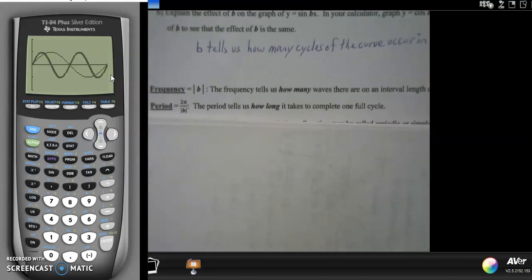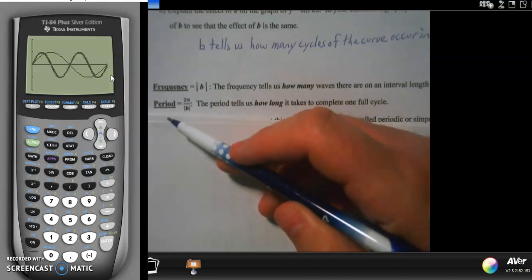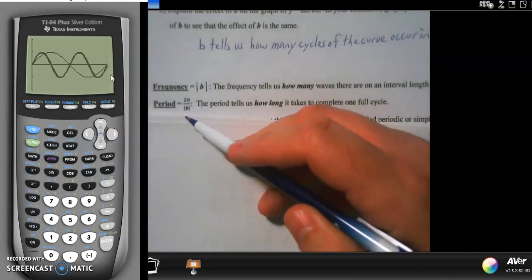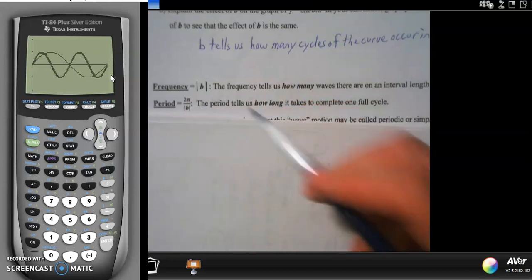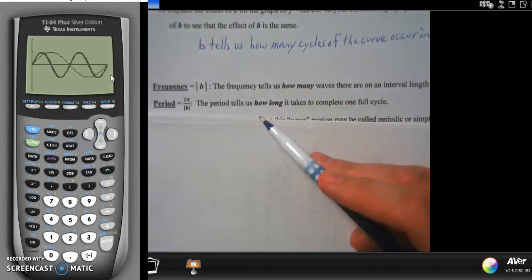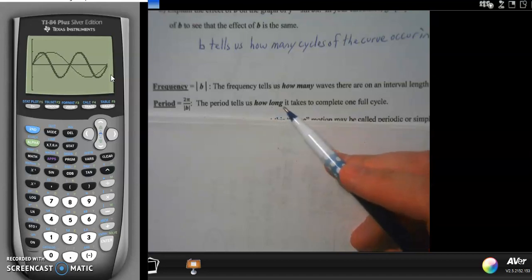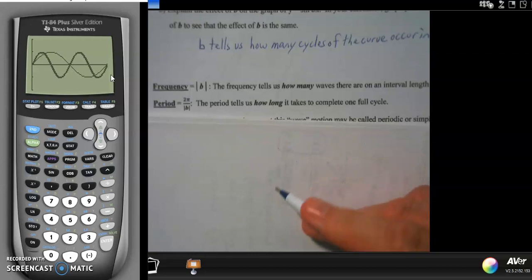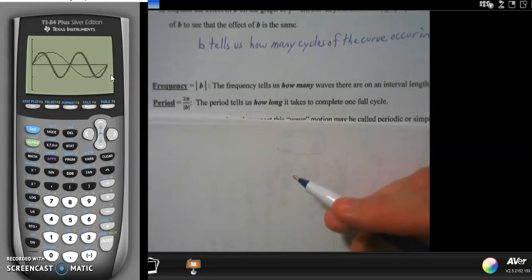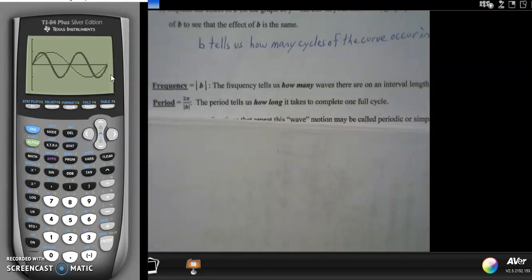Now the period, 2 pi divided by the absolute value of b, or 2 pi divided by the frequency, tells us how long it takes to complete one full cycle. If we only wanted to see one cycle of the sine curve, we would have to go from 0 to 360 degrees, or 2 pi radians.